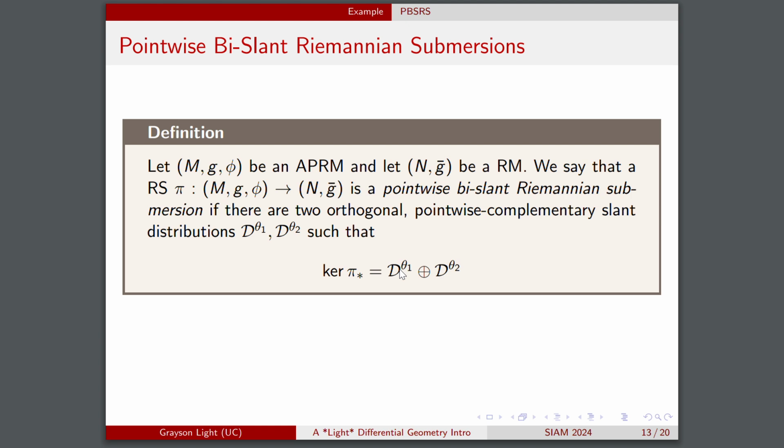Okay, orthogonal is defined exactly as it was earlier. If you take any two vector fields, one from d theta 1, one from d theta 2, when you plug them into the metric g, they're always going to be 0. And not only that, they have this pointwise slant property. That means if you take any two of these vector fields in the generating set, like we're thinking about the span, these are distributions, so we write them as a span of vector fields.